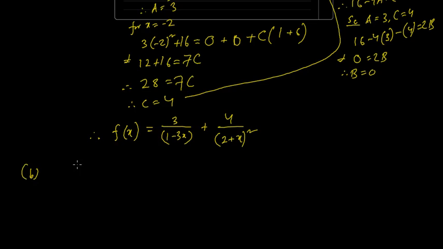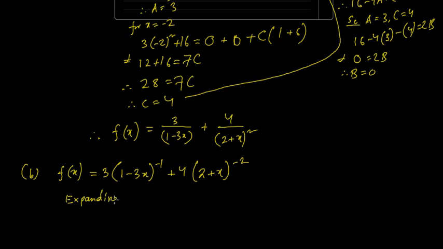In order to express f(x) in terms of x, we have to bring this upstairs, so (1 minus 3x) to the power minus 1. Then we have to bring this upstairs, (2 plus x) to the power minus 2. Now we need to expand this.